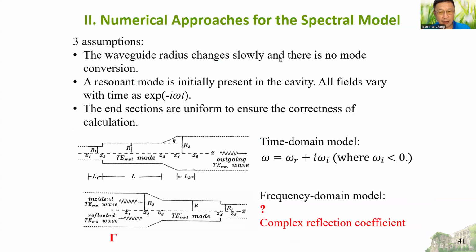Okay. For the numerical approach in the spectral domain, we also make three assumptions. In the time domain, we use this structure. In the frequency domain, you can use a slightly different structure. We use the incident wave from here, and it is partially transmitted into here and partially reflected.